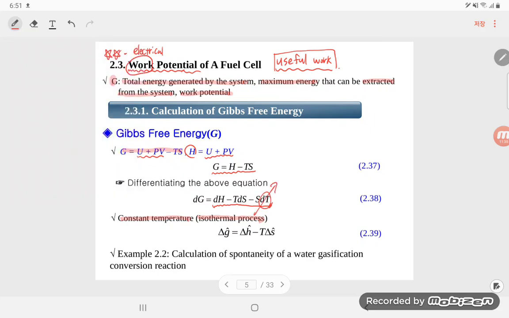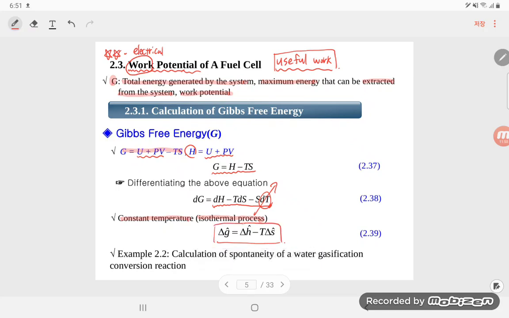cancels out, goes to 0, and if we express this in the molar equivalent, then we can get this expression, this equation for calculating the Gibbs free energy change.